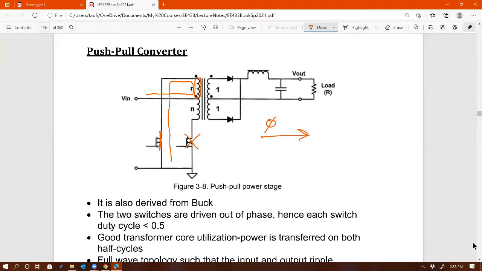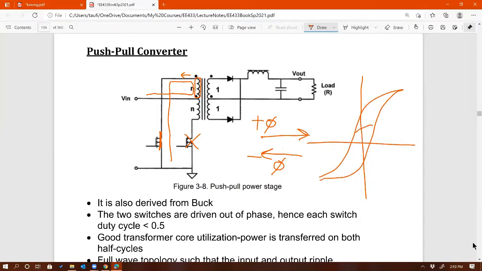But the current leaves the dotted terminal, which means the flux being produced is in the opposite direction, negative flux. So now you have positive flux and negative flux. When you draw the BH curve of that, it's going to be something like this, the minor loop going plus and minus that way. Does that make sense, hopefully?